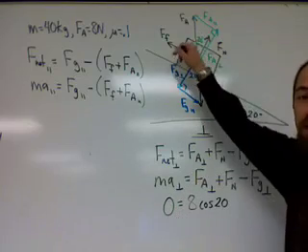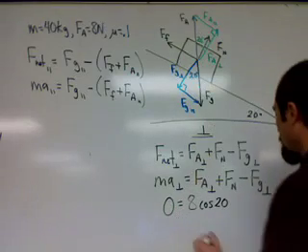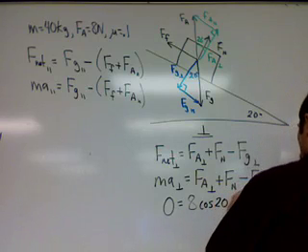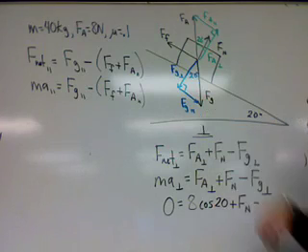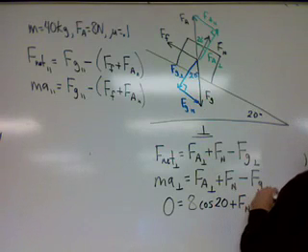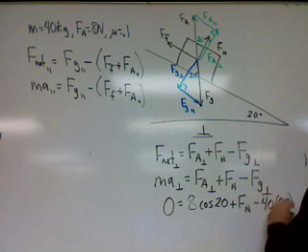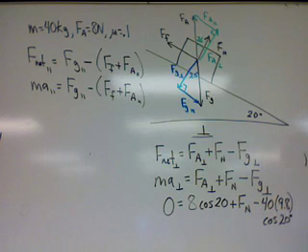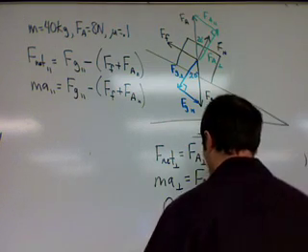And hopefully that makes sense if you look up here. And then plus Fn minus my Fg, which is going to be 40 times 9.8 times the cosine of 20. And if we do some math, I can solve for Fn.